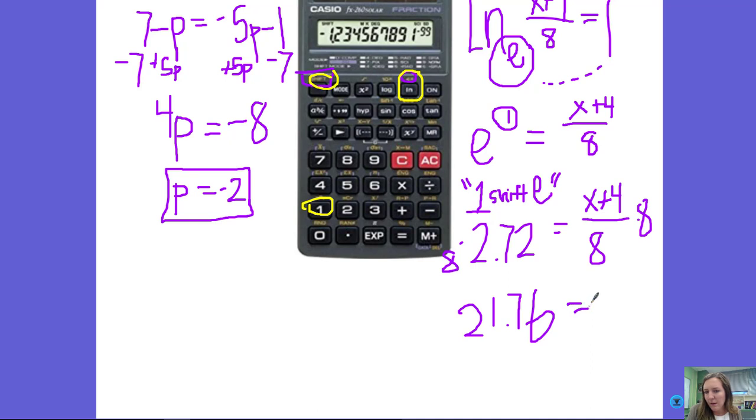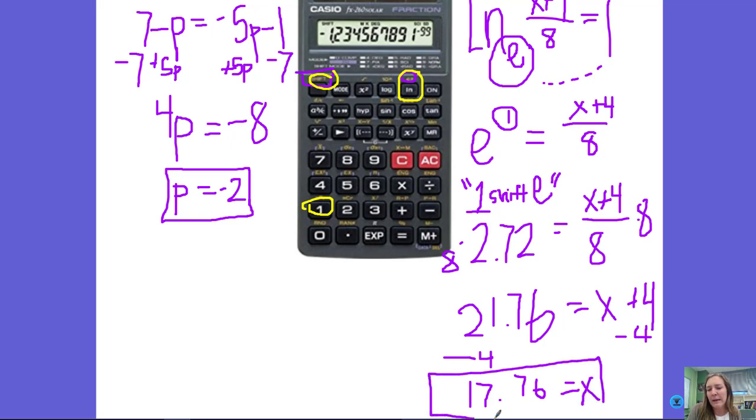And that will equal your x plus 4. After that, we're going to subtract 4 and subtract 4. 21.76 minus 4 is going to give me 17.76. And at that point, we have the x by itself, so I've solved for the x.